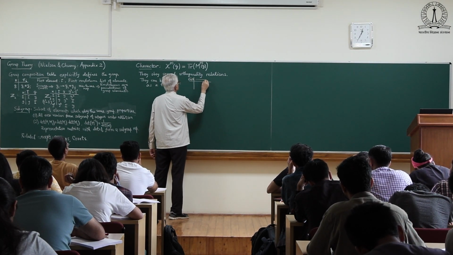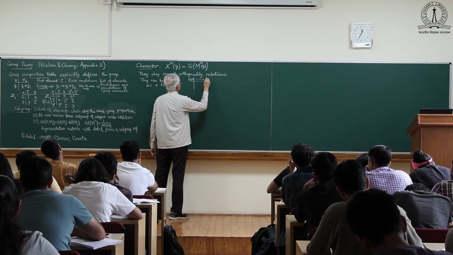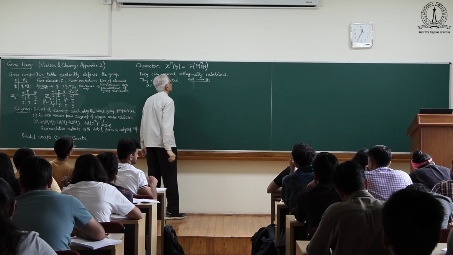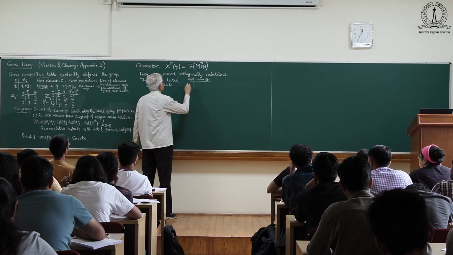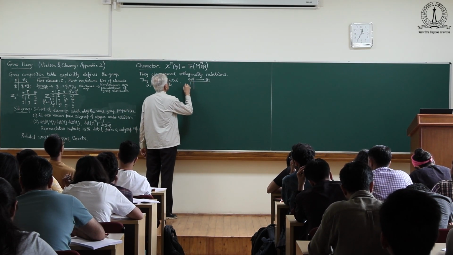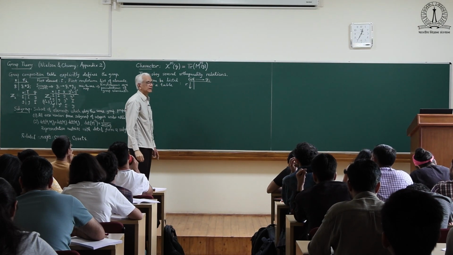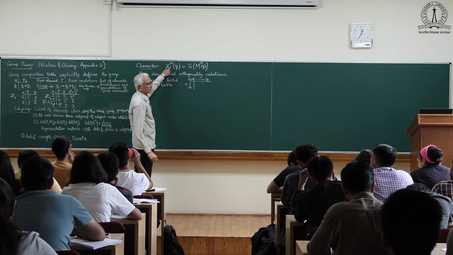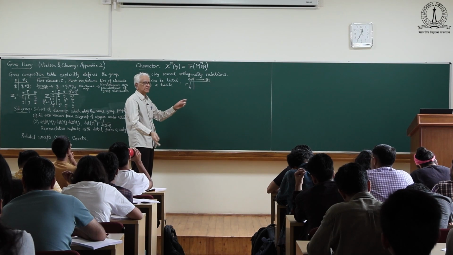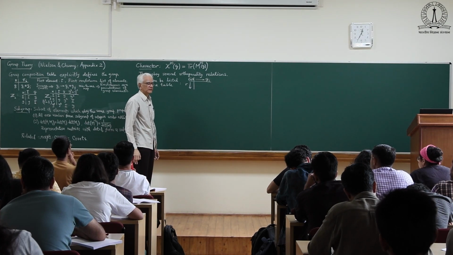this is a list of the elements, and this is a list of the representations. There are many representations for the whole group corresponding to matrices of different sizes.